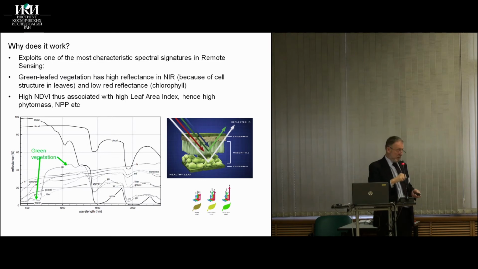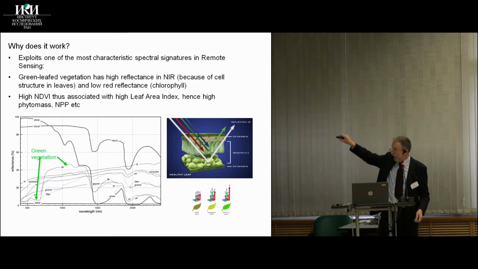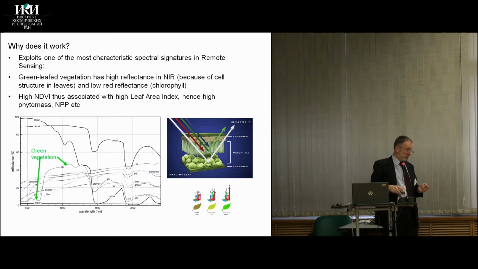And fundamentally, this is the physiology of the leaf that's controlling this. In the near-infrared part of the spectrum, the cell structure of the leaves is responsible for this high reflectance. Essentially, the infrared photons get into the cell structure here, they bounce around in the cell structure without being absorbed, and the chance is very high that the photon will come back out again.